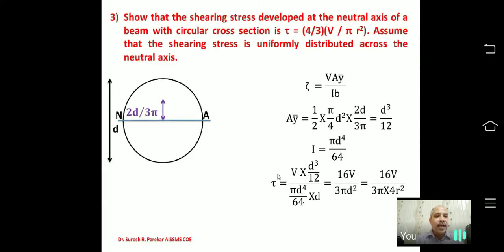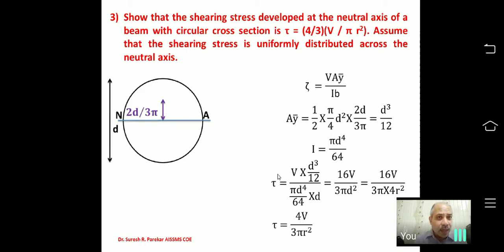Now we have to find it in terms of r. So I know d equals 2r, so I substitute d square equal to 4r square. Now if you simplify this, I will get this value equal to 4V upon 3 pi r square, that is 4 by 3 into V upon pi r square.